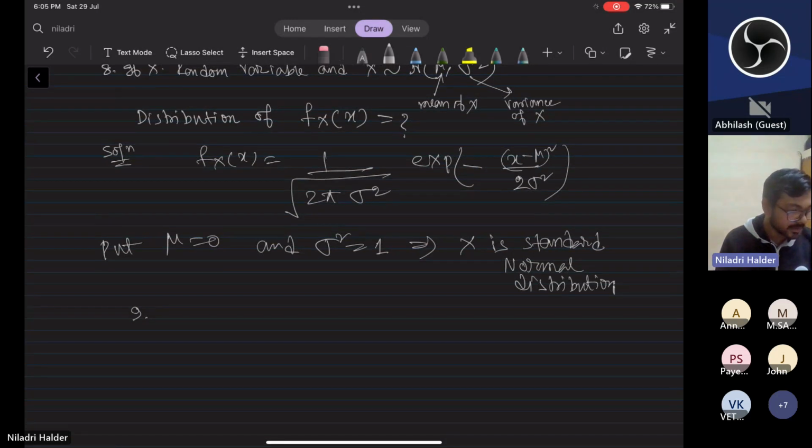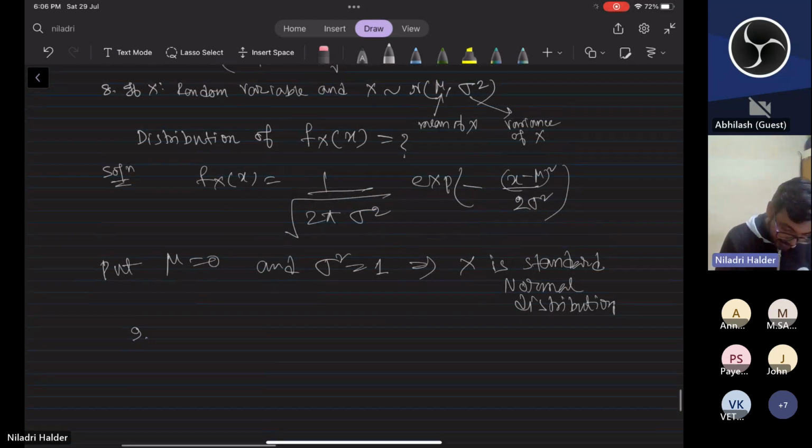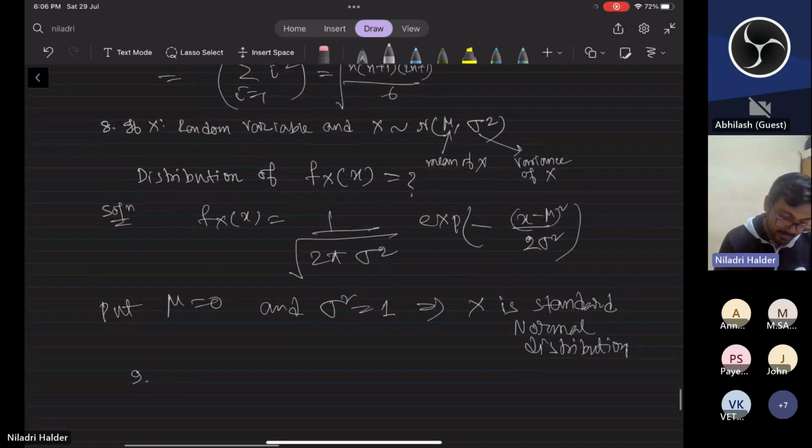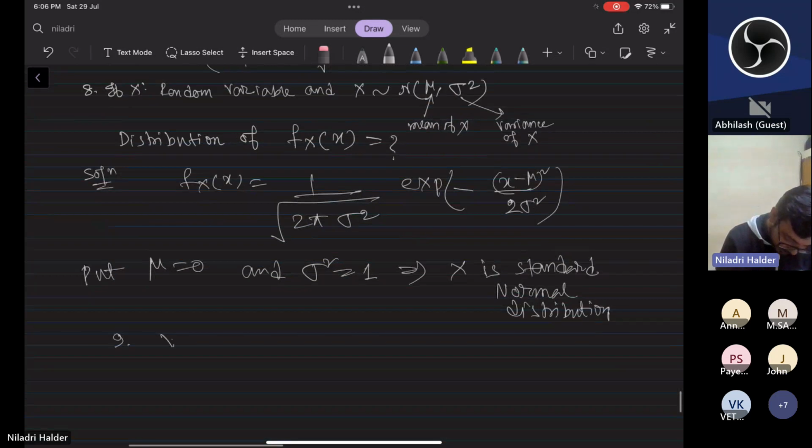Okay, so the next question is about the random vector. Here x was a random variable, which means x is a scalar. So if I take x as a random vector, then what should be the distribution of x?